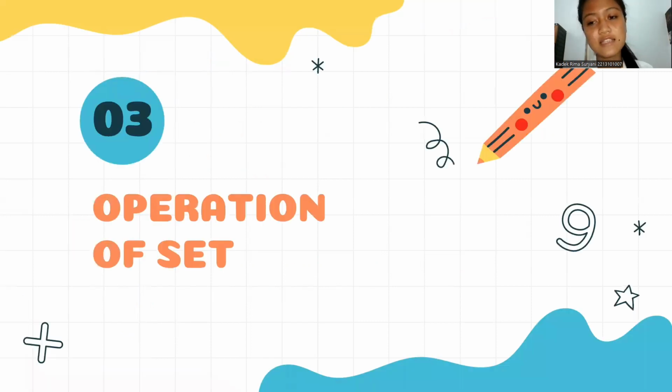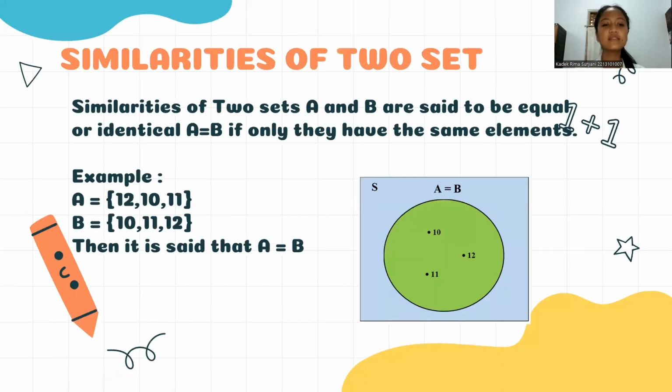Okay, for the next is operations of the sets. The operation number one is similarity of the sets. Two sets, A and B, are said to be equal or identical, A equals B, if and only if they have the same elements. For example, set A is equal to curly braces 12, 10, and 11, and set B is equal to curly braces 10, 11, and 12.